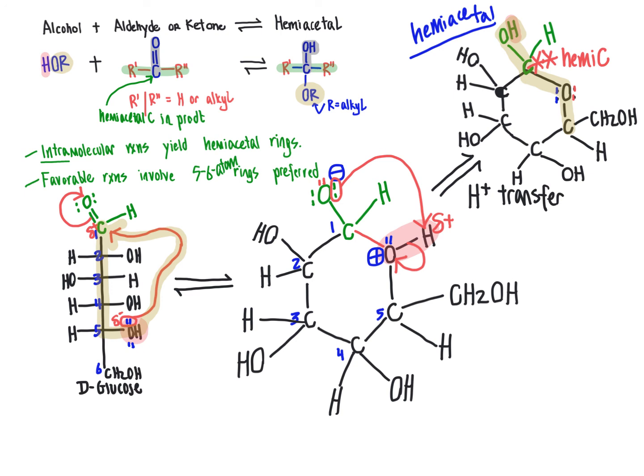In the upcoming video, what we're going to do is take an additional look at creating these cyclic hemiacetal sugars out of acyclic open chain starting materials, and we're going to look at the implications for stereochemistry, because certainly in D-glucose, the stereochemistry is critical to the biological effect of this molecule. And so we need to look at how that's going to play out when we get to the ring form as well. So stay tuned for that.